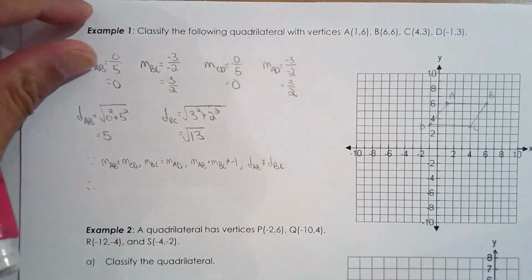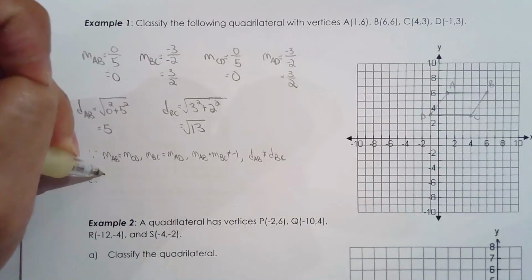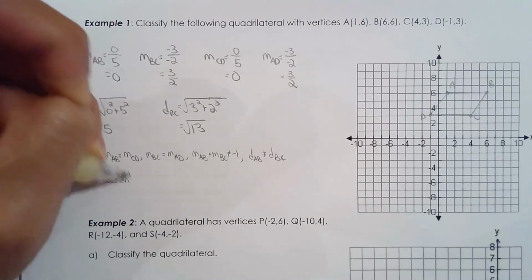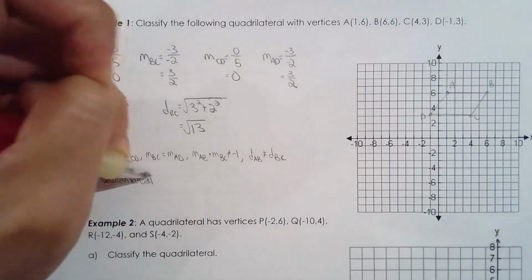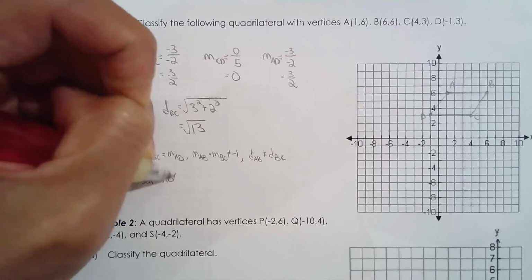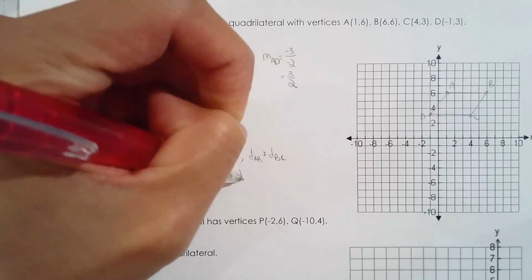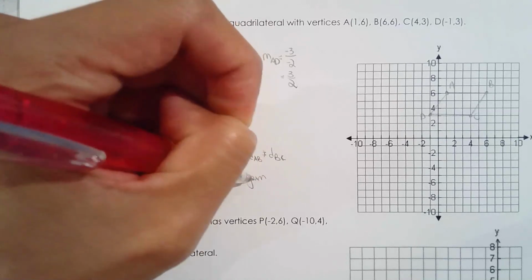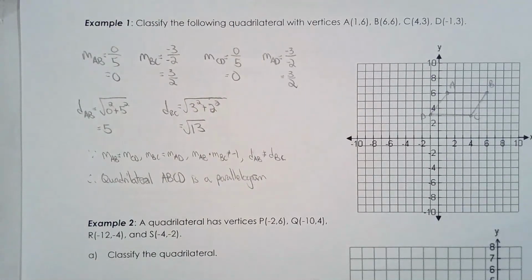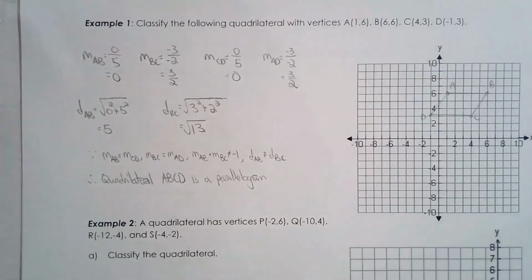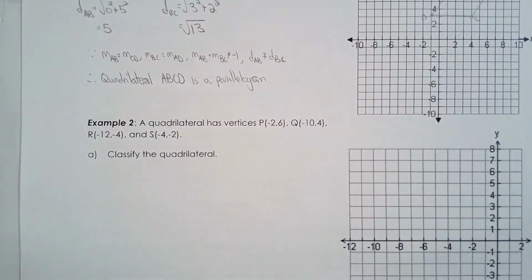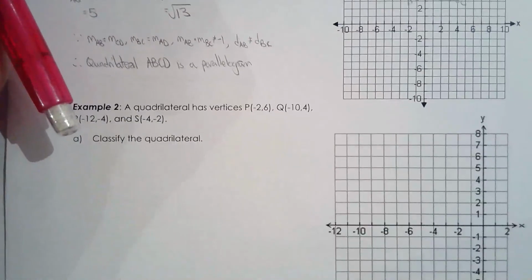Therefore, what can we conclude? Quadrilateral ABCD is a parallelogram. Boring parallelogram. Nothing special about this one. That's a little unfortunate.